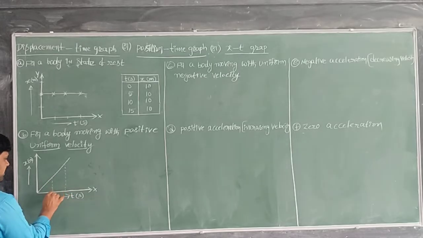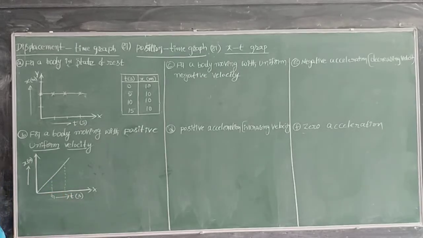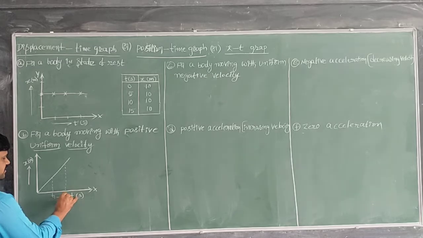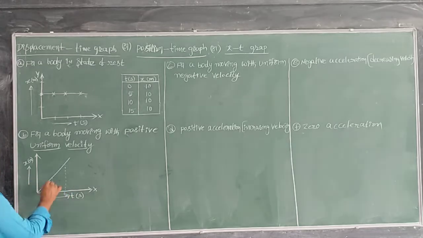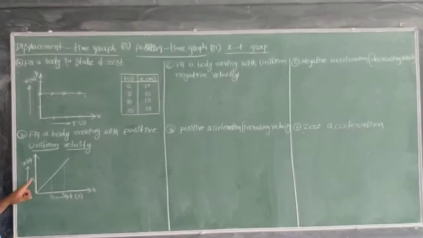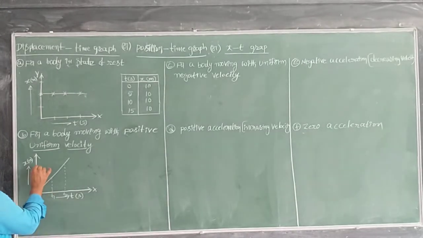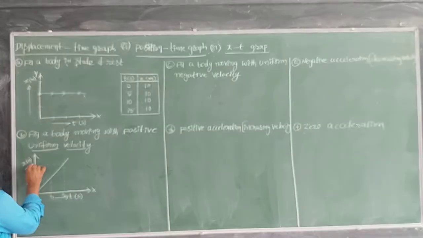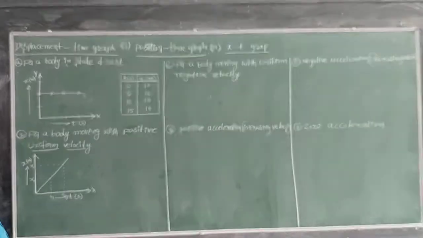This is the first point, at time t1, and this is the second point, at time t2. At the first time, the position of the body is x1. At the second time, the position of the body is x2.